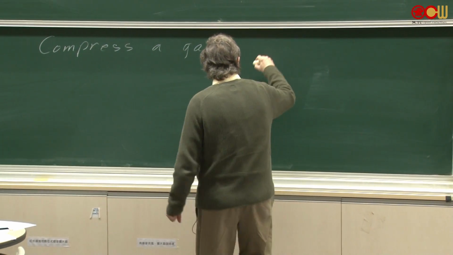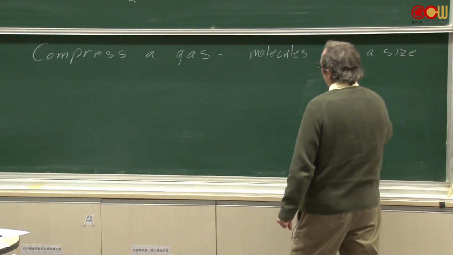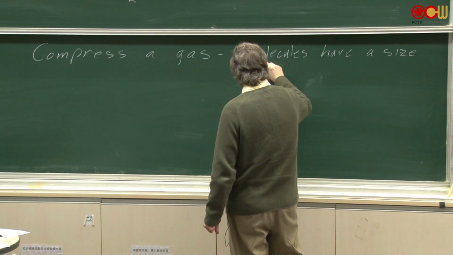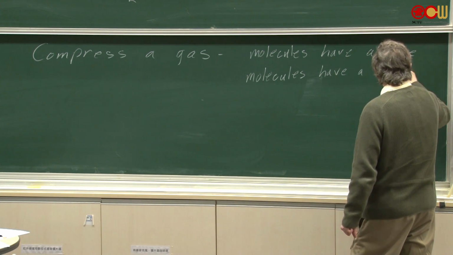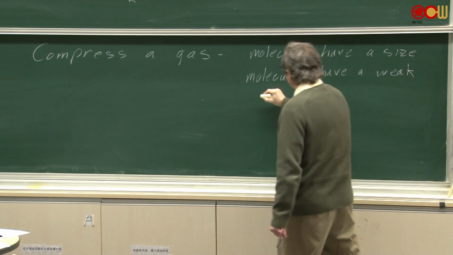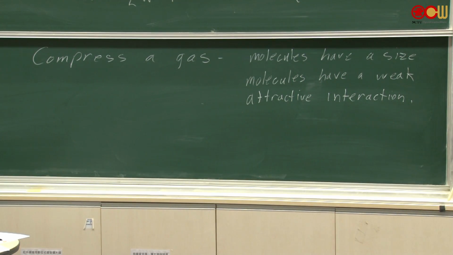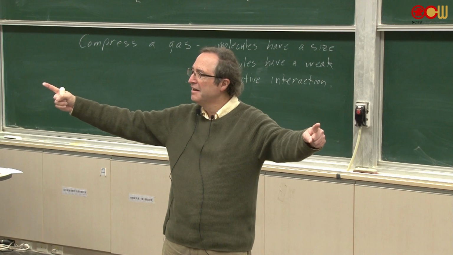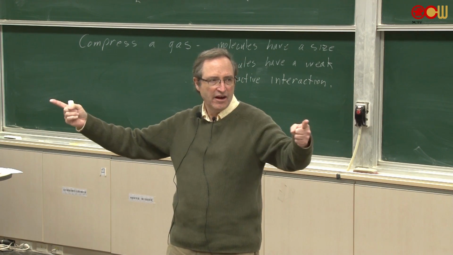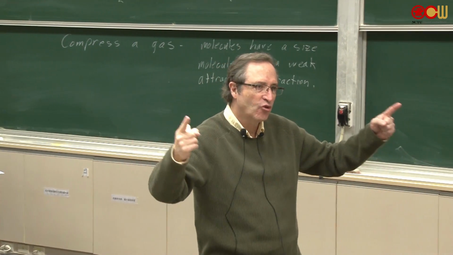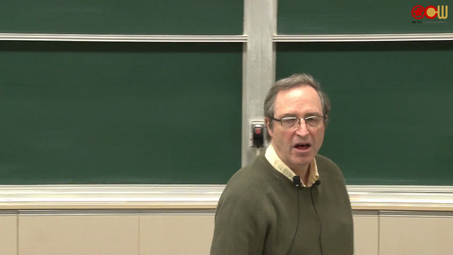What's missing is molecules do have a size, and molecules have a generally weak attractive interaction. So if I have a molecule here and a molecule here, they attract each other a little bit. All right? The force on one due to the other is towards the other molecule.